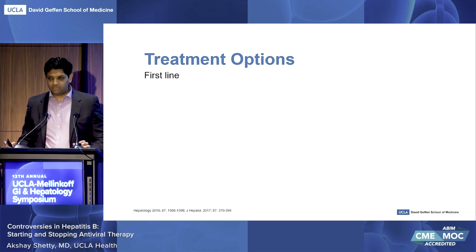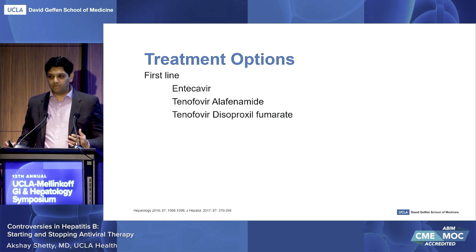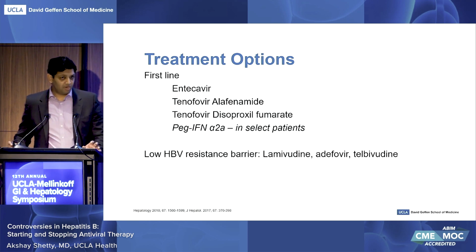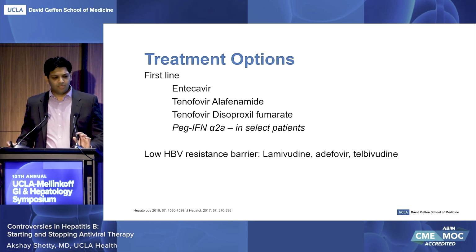So among the treatment options, the first-line therapies recommended primarily focus around our nucleosides or nucleotides, with entecavir, tenofovir alafenamide, or Vemlidy, and tenofovir disoproxil fumarate being the key first options. Pegylated interferon remains as an available option, but should be reserved for select patients due to its side effect profile.